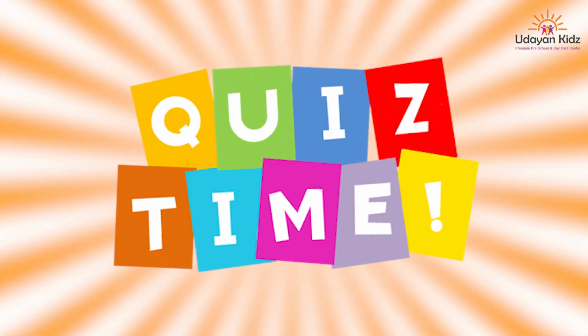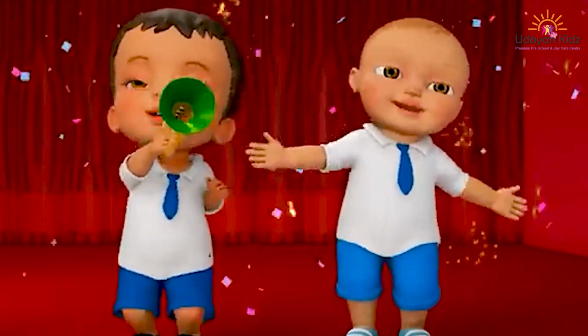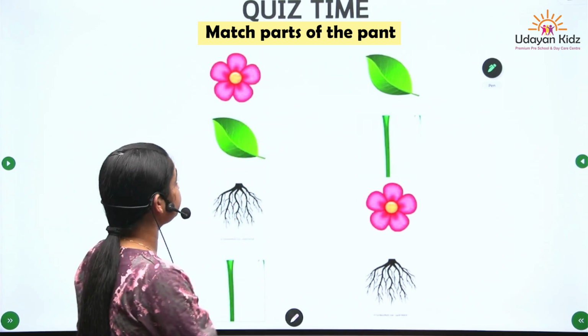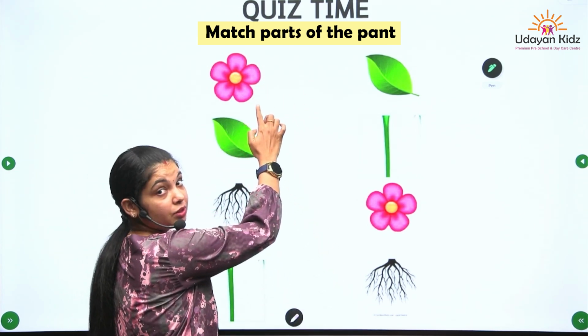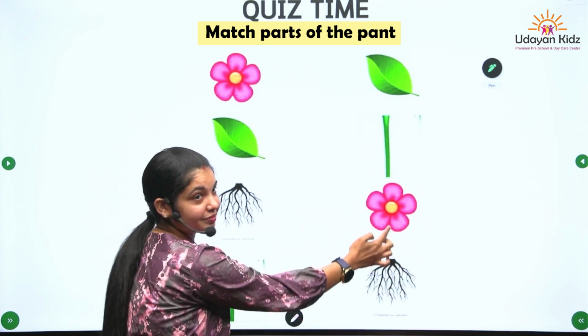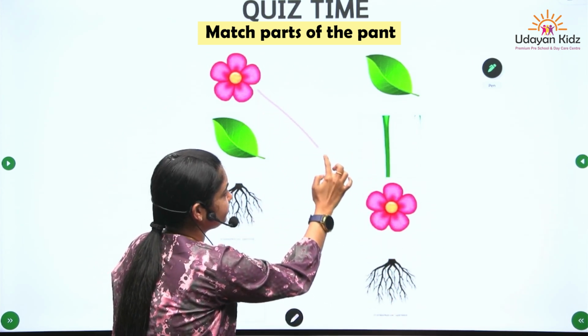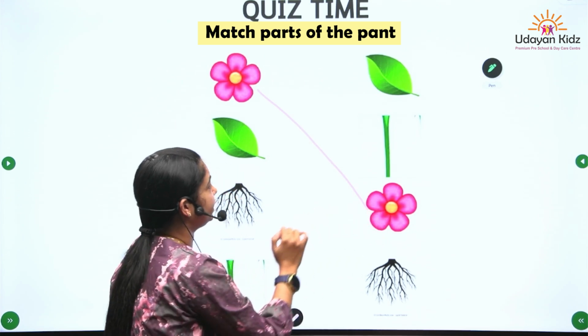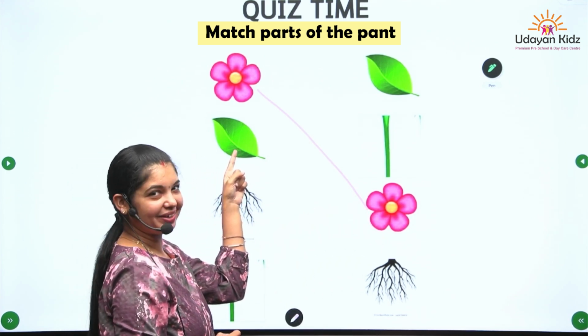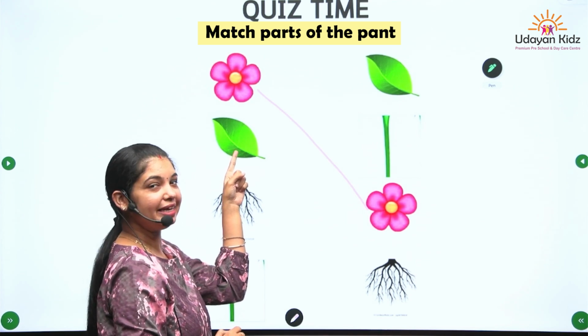It's quiz time. Match parts of the plant, okay? Tell me, what is this? Flower. Where is flower? Very good. Okay. Tell me, what is this? Very good, children. This is a leaf.